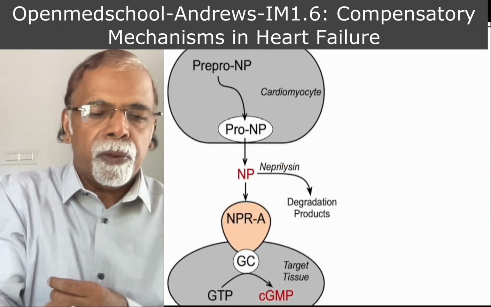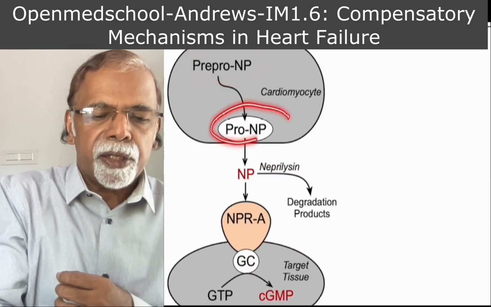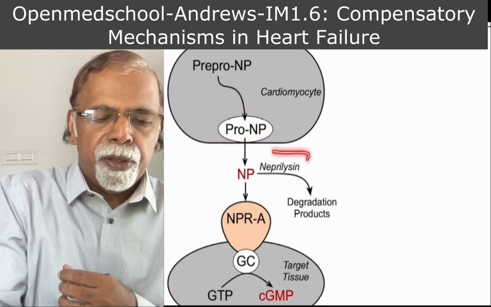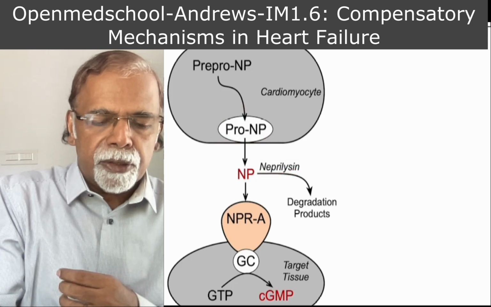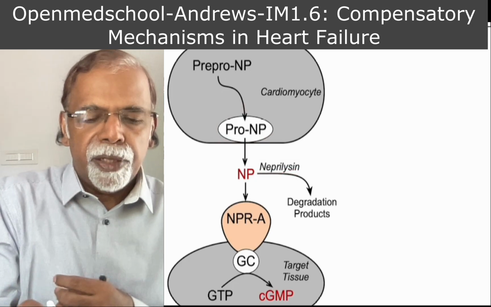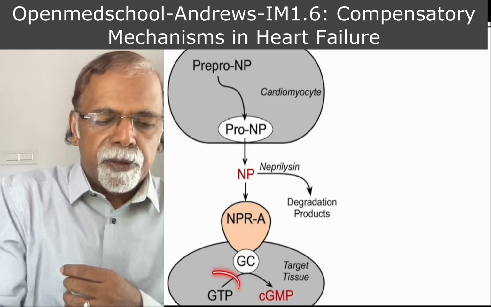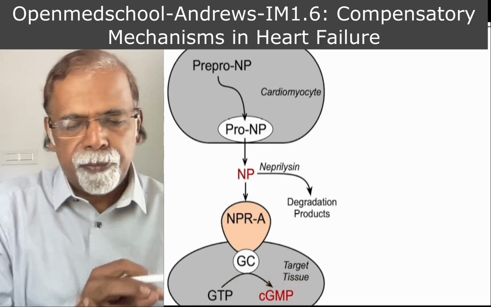So here the pre-pro natriuretic peptide is produced, then becomes pro-NP in the cardiomyocyte. Then there is an enzyme, neprilysin. So then it acts on the receptors, and via GTP it is converted to cyclic GMP and acts.